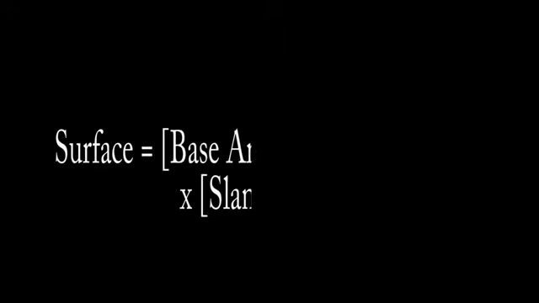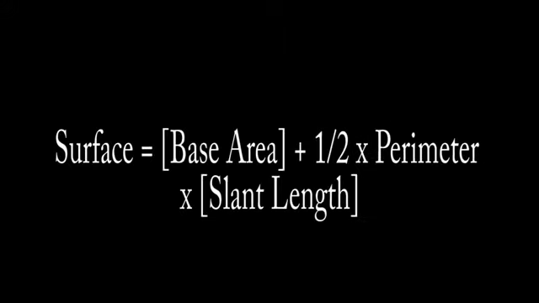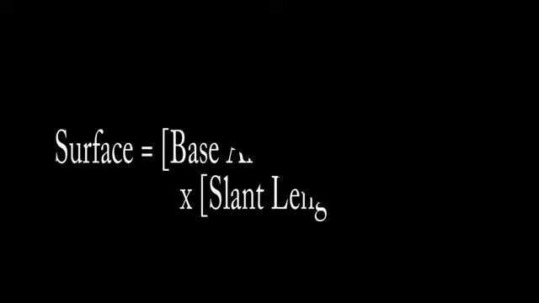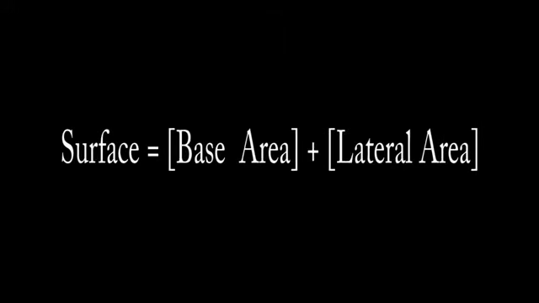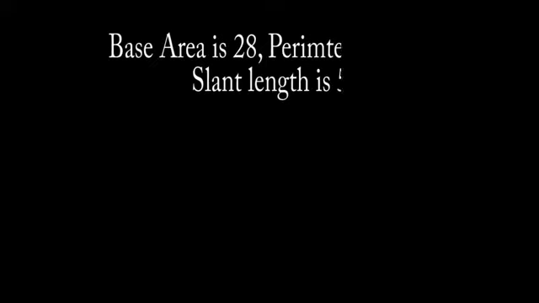To find the surface area of a pyramid when all side faces are the same, the formula is base area plus 1/2 times perimeter times slant length. When side faces are different, the formula is base area plus lateral area. Example number 1. Base area is 28, perimeter is 20, and slant length is 5.